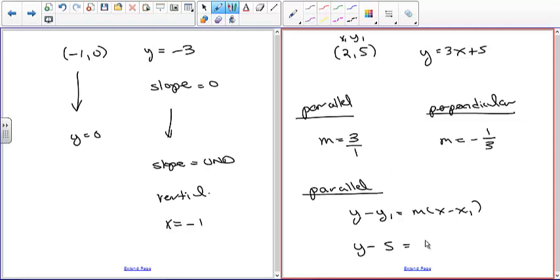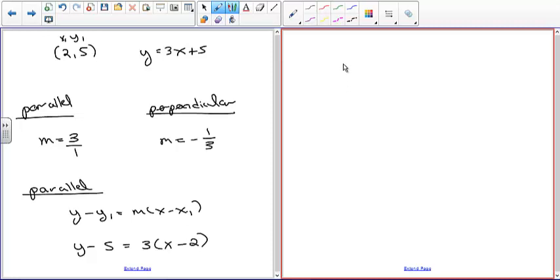The slope is 3, x minus 2. So you get y minus 5 is equal to 3x minus 6. 3 times negative 2. You add 5 to both sides. You get y is equal to 3x minus 1. Okay, so that's the equation of a line parallel to this line, same slope.